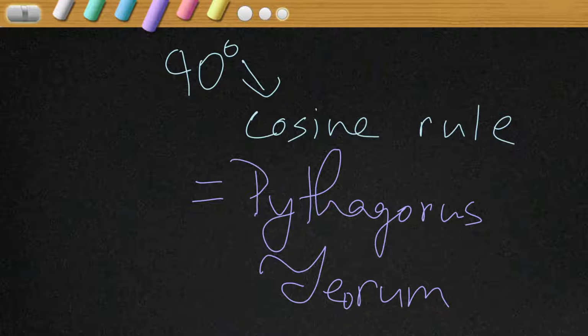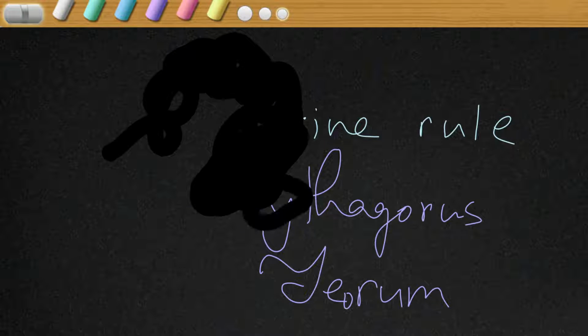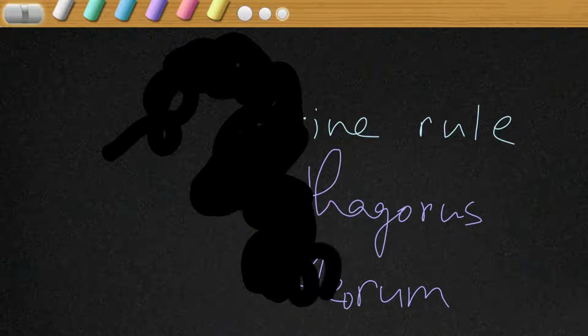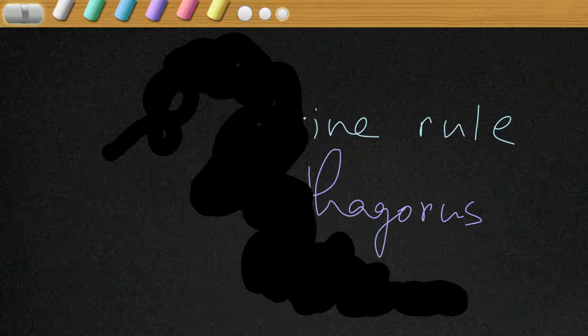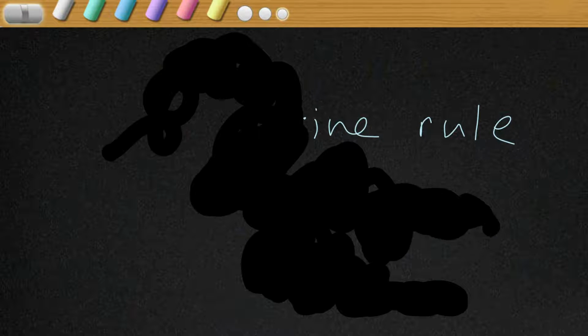If you think that this is very time consuming and doesn't really explain a lot, it's absolutely fine. We don't need to know this in AS, but this is just something that I've stumbled upon and something that books don't teach you. But that doesn't necessarily mean that this is very important. This is not that important. So in conclusion, Pythagoras theorem is actually the cosine rule.